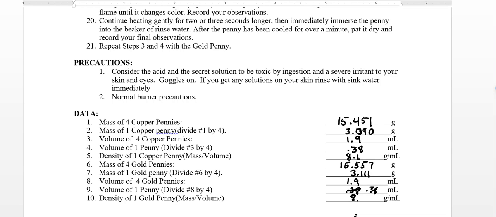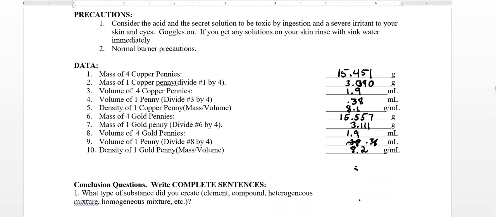Yes, 8.1, I'm sorry, 3.111 divided by 0.38. 8.1, so 8.2. Incorrect sig digs. All right, any questions so far? You should have something similar, thus proving that this ain't gold.